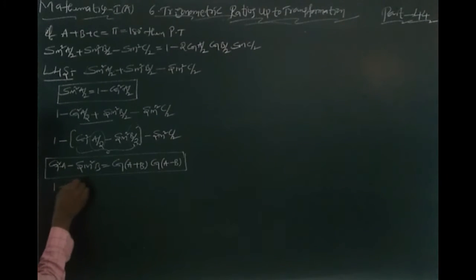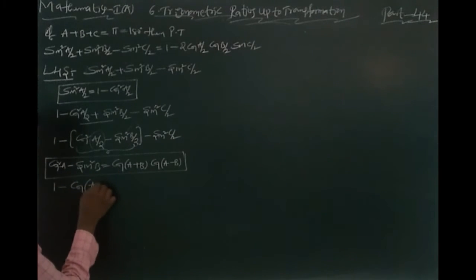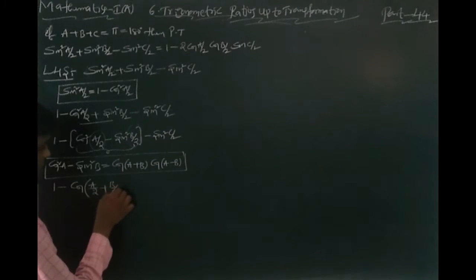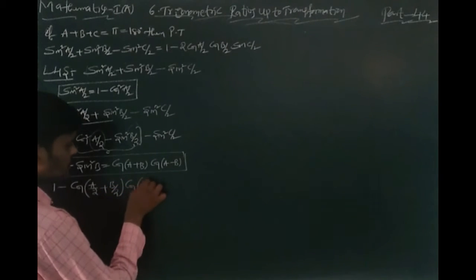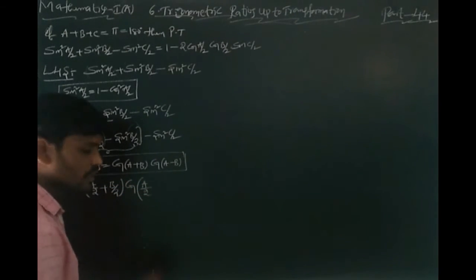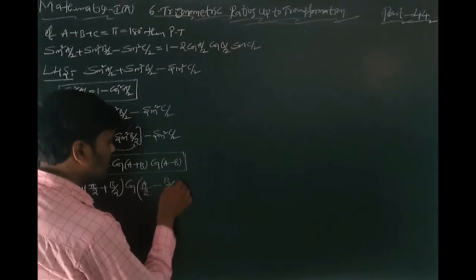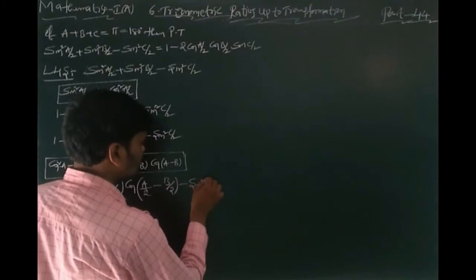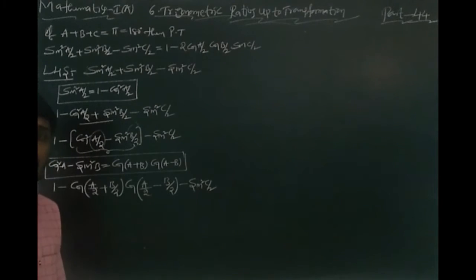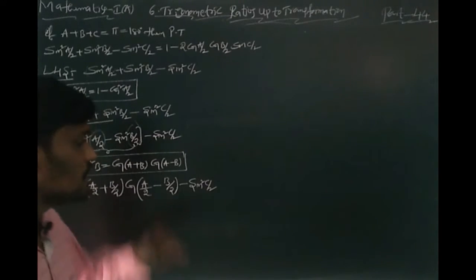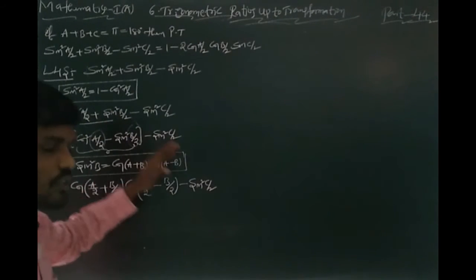You can write 1 minus cos of A by 2 plus B by 2 into cos of A by 2 minus B by 2, minus sin square C by 2. Understood or not students? First convert it to cos, after that you can write the formula.